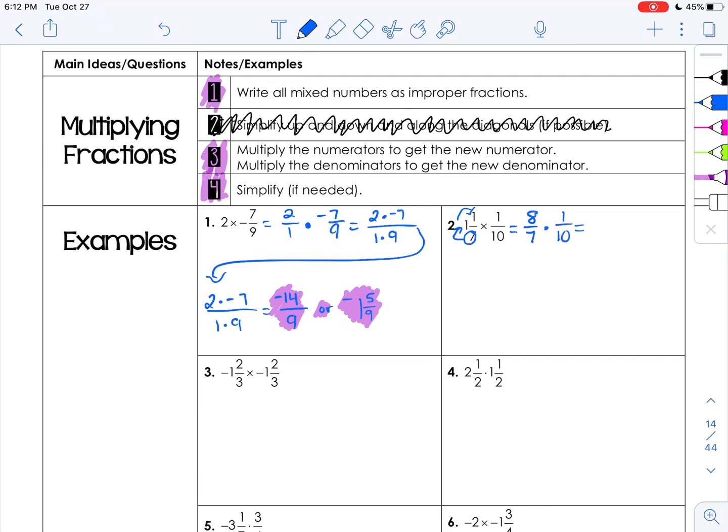Now I can multiply my numerators, 8 times 1, and then my denominators, 7 times 10. Again, bringing my problem over here so I have more room to work. 8 times 1 is 8. 7 times 10 is 70.